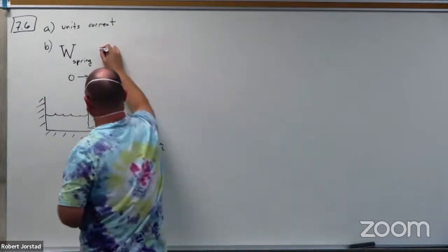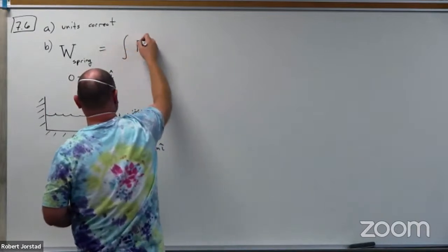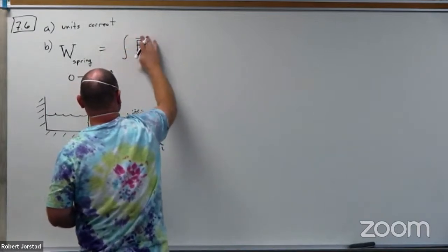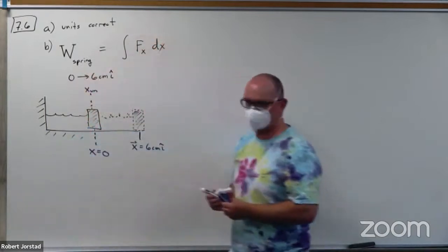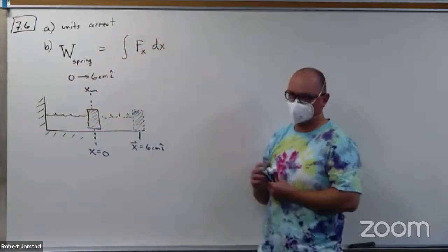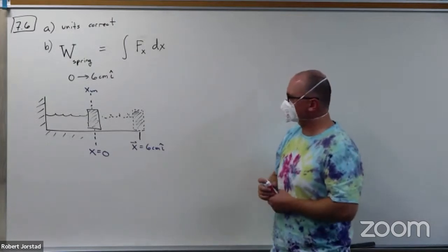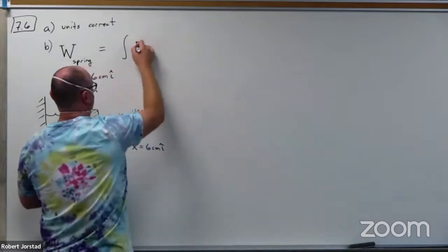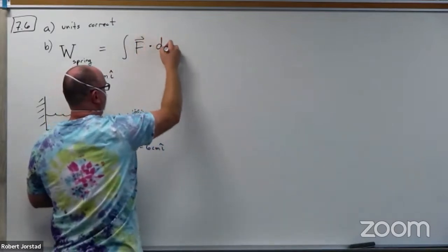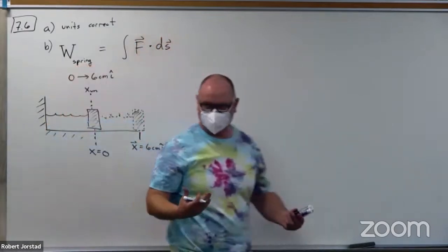What I can do, how about this? I could do the integral of f sub x dx. Or maybe you want to see it the other way. We could do the integral of f dot ds. That was the original version that we said.